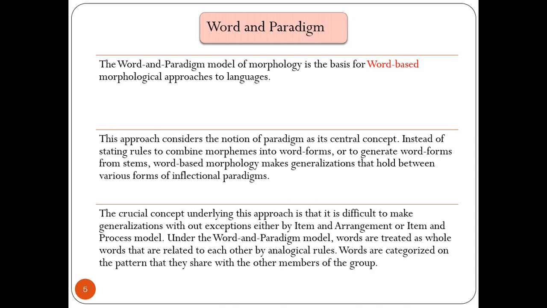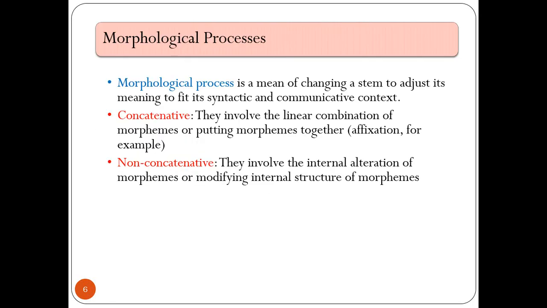So words are categorized on the pattern. We have patterns here that they share with other members of the group, okay. I shall come to these points later. First of all, let's discuss the earlier two models, and we see what we have.